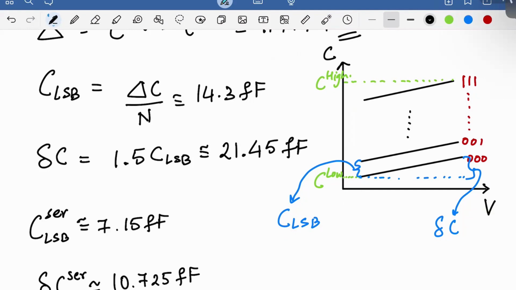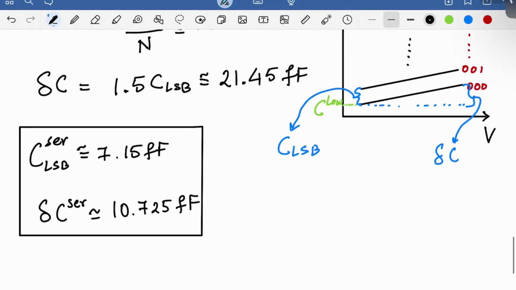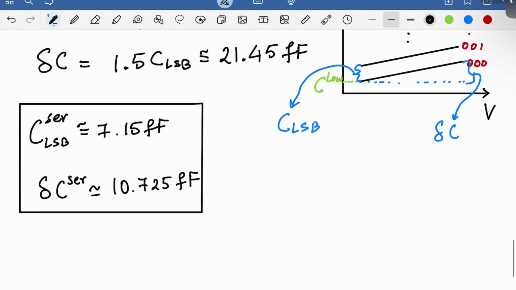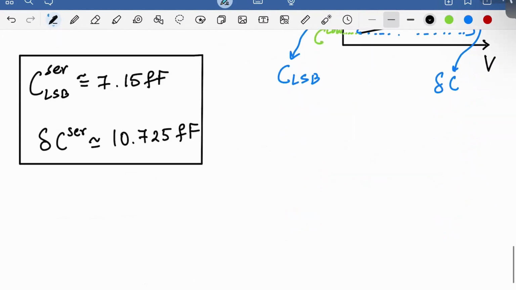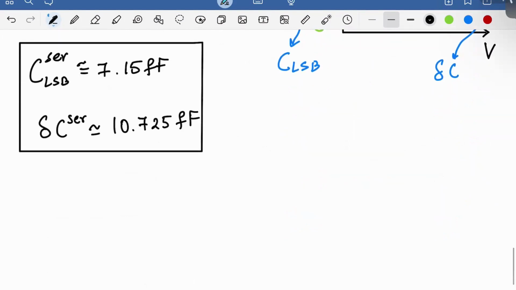These are the numbers that we'll start with. Of course, this is just a rough hand calculation, a back of the envelope calculation. When we go into the simulation, we'll see that we need to modify them a little bit here and there. So these are the numbers we're going to try and hit.